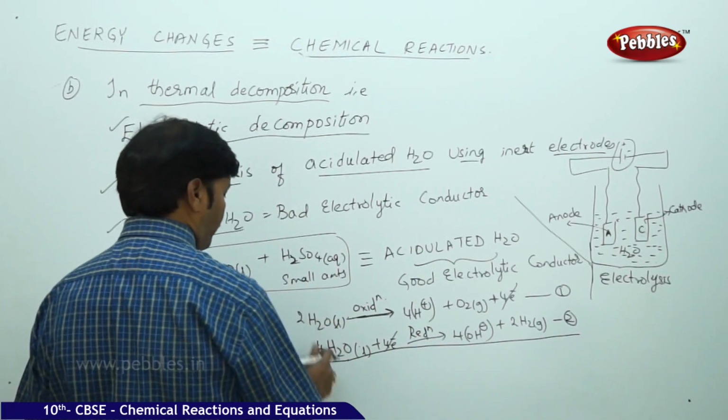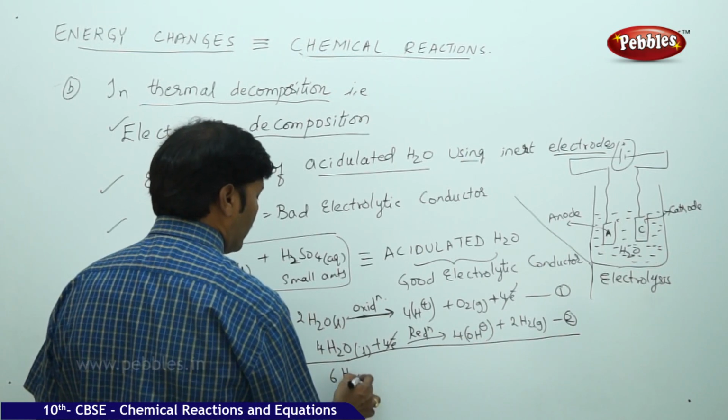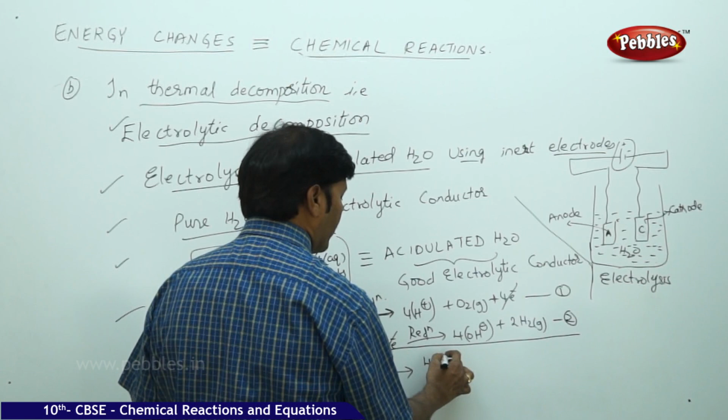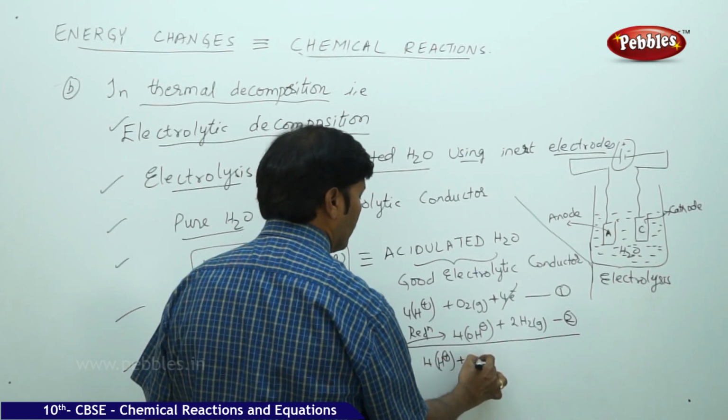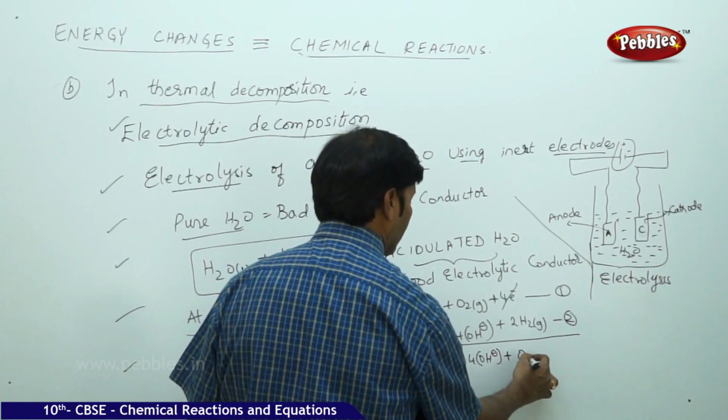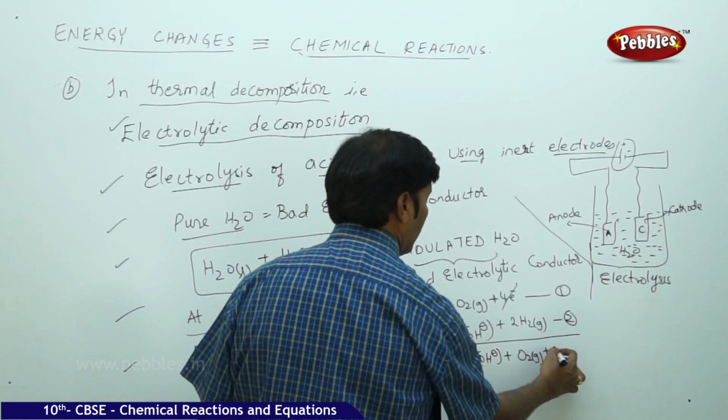Here 4 plus 2, 6 water molecules in the liquid state give 4 H plus ions plus 4 OH minus ions plus O2 gas plus 2H2 gas.